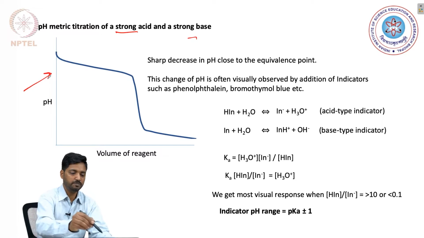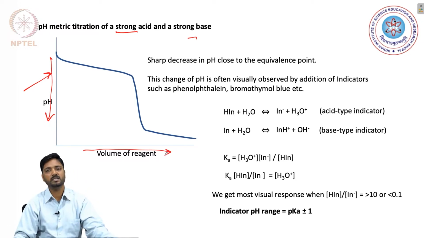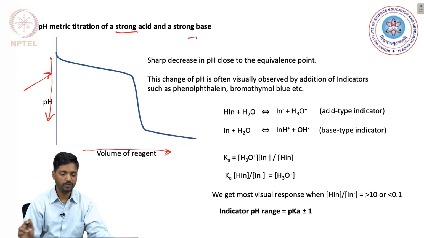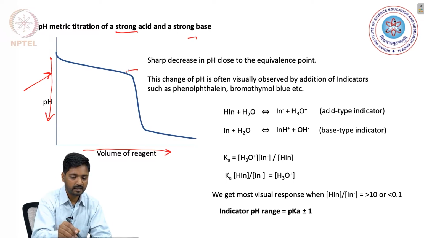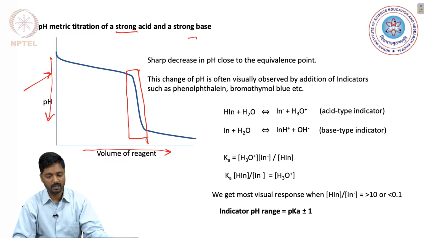So, the pH keeps decreasing as more and more acid is added to the base solution, and what we observe is that in this regime the change is the maximum, and around this regime only the equivalence point will be lying.